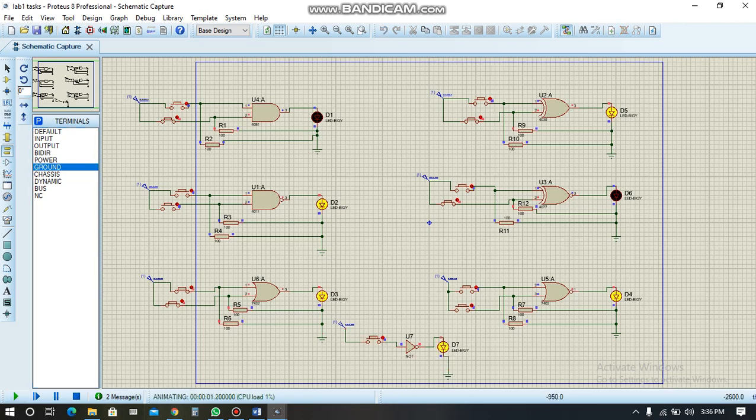As we discussed the operation, if the input is low, it gives high. If it is high, it gives low. It's not working here, but we will have to make a resistor here.